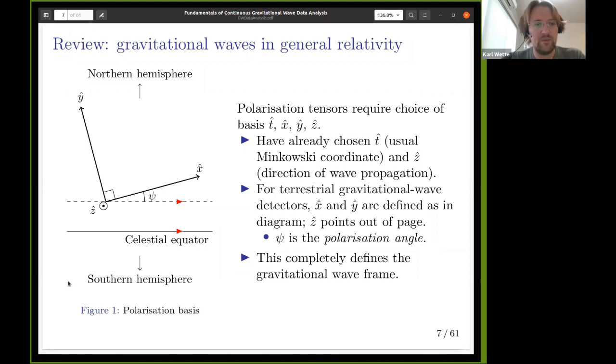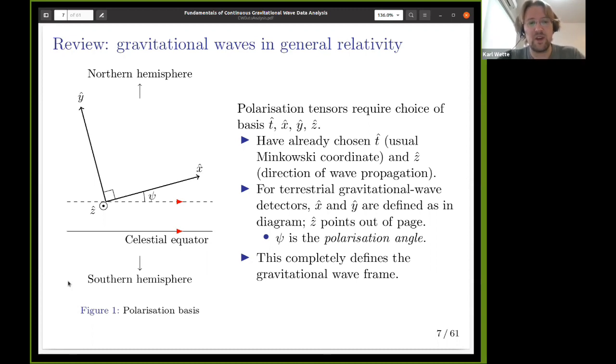You draw a line through the location where the wave is coming from, parallel to the celestial equator, and then the angle from that line up to the x unit vector is called the polarization angle. That sounds very complicated. It's just a way of defining that angle in a particular known way. So this is really just a convention.